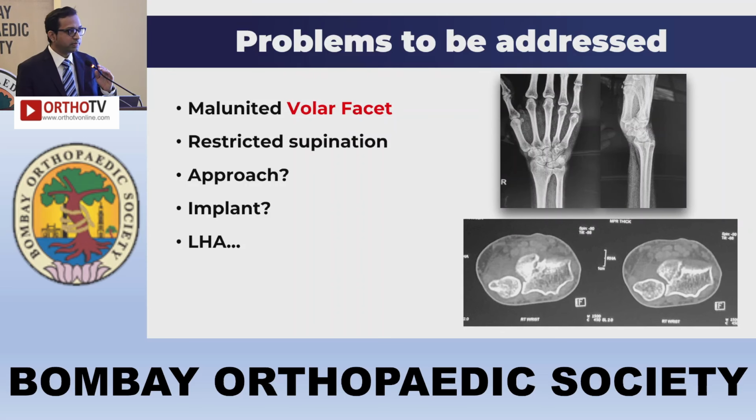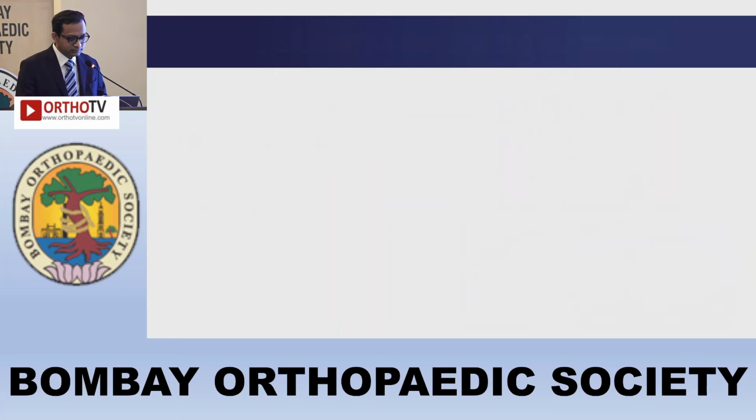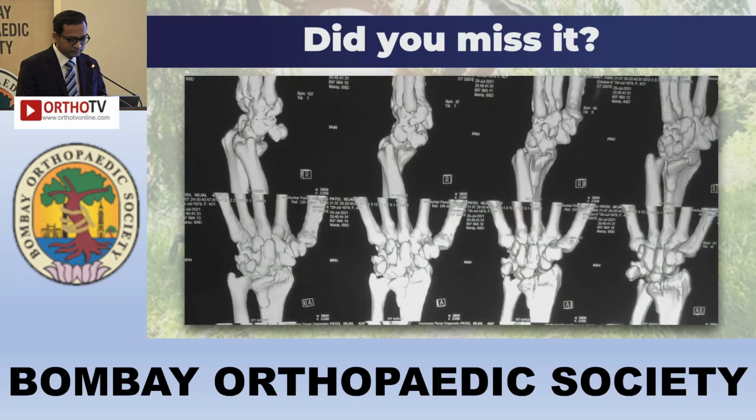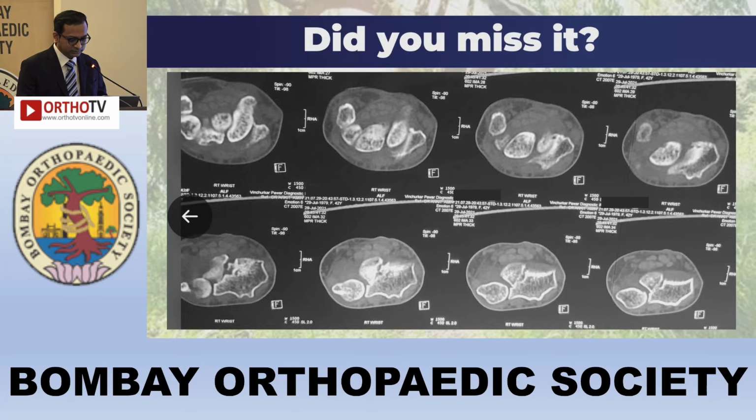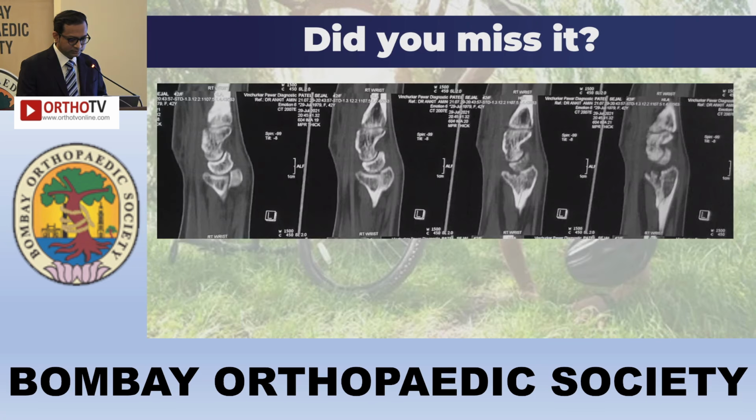In that lateral view, why is that lunate looking flexed? Lateral X-ray. That is why the lunate is looking flexed. That's what I was asking you.